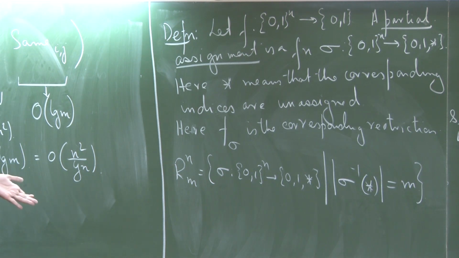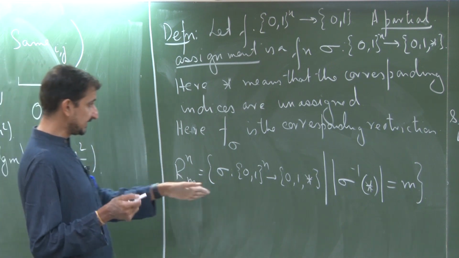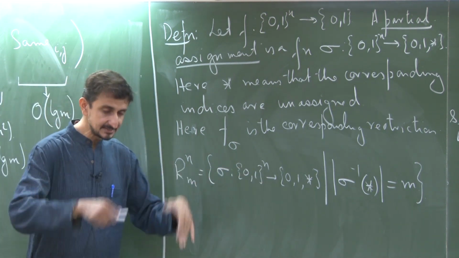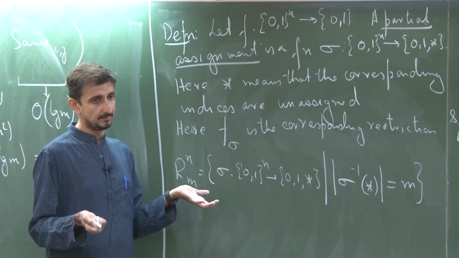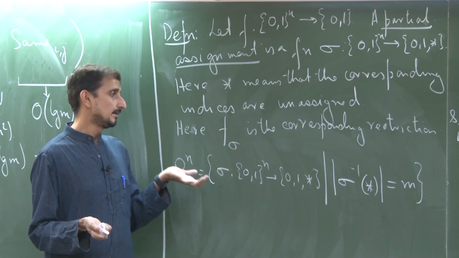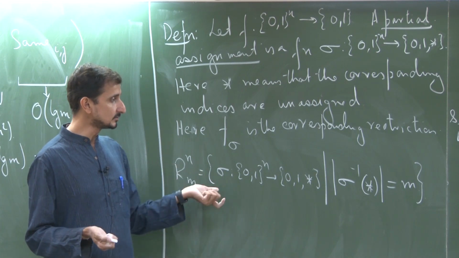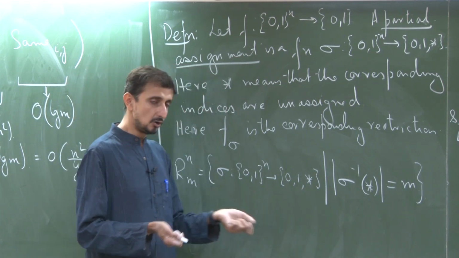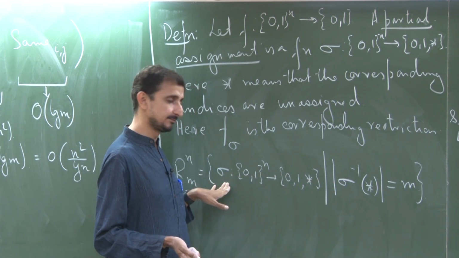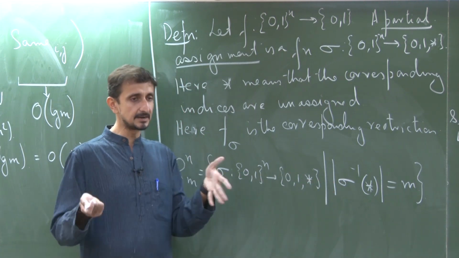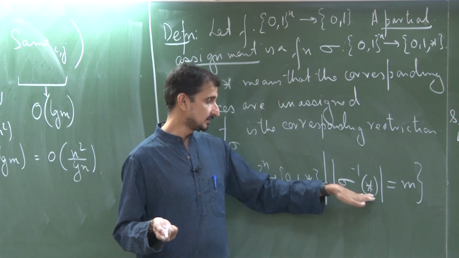The number of indices is n, and the number of ways you can pick those subsets is 2 to the power n, possibly. But what I am saying is that once I fix a sigma, it sends a fixed number of those indices to star.